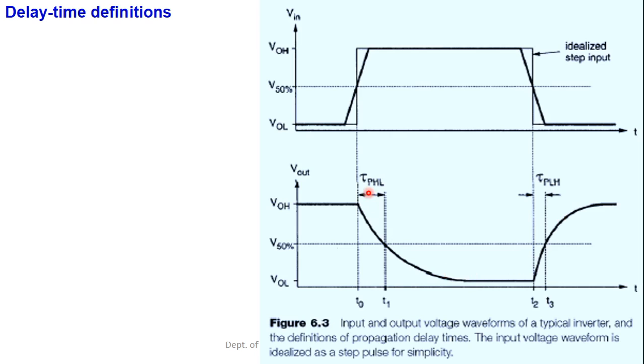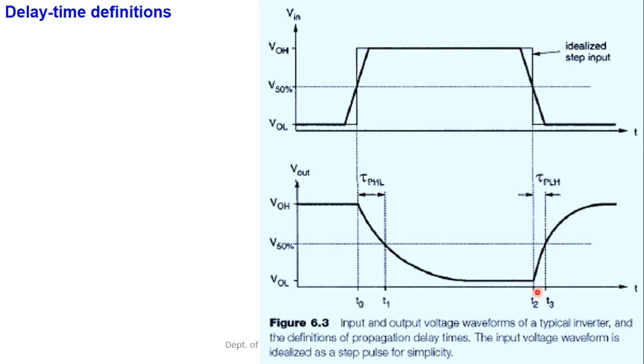When the output goes from high to low, it is called the propagation delay tau PHL. Similarly, when the output goes from low to high, this is termed tau PLH, and this is measured with respect to the 50% level between VOH and VOL. Considering this case, tau PHL will be the difference between T0 and T1, and similarly tau PLH will be the difference between T3 and T2.